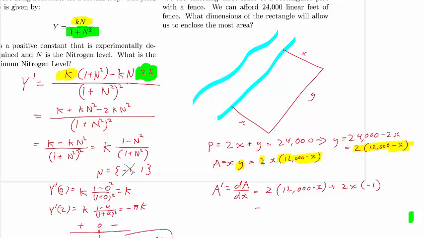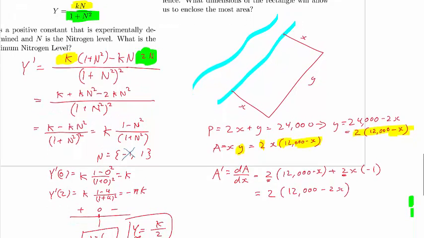Alright, so what does this all become? So we've got 12,000 minus x, so it becomes minus 2x. Alright, just combining this x with this x right there, both negative.